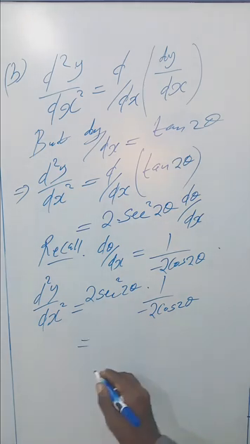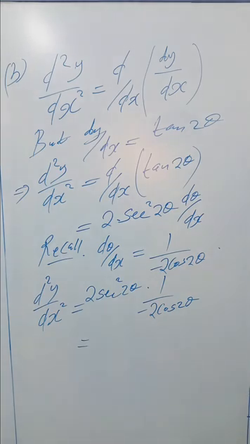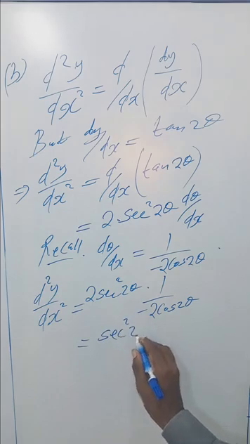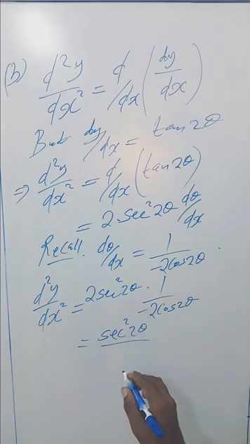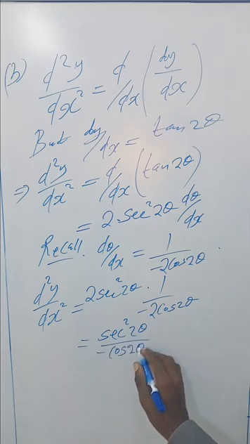This gives us, 2 and 2 will cancel out, so we shall have sec squared 2 theta over negative cos 2 theta.